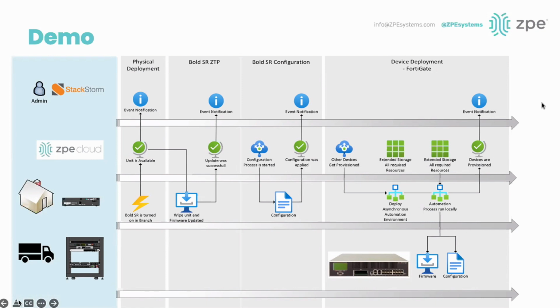Now, the reality is at that point, you might not really know in what state the unit is. You might not know necessarily what firmware version is on it because it's a brand new unit. You might not really know if somebody has already configured something or if any other changes were done. So as a very first step, we're going to push down a firmware version to the device, which was pre-agreed by you.